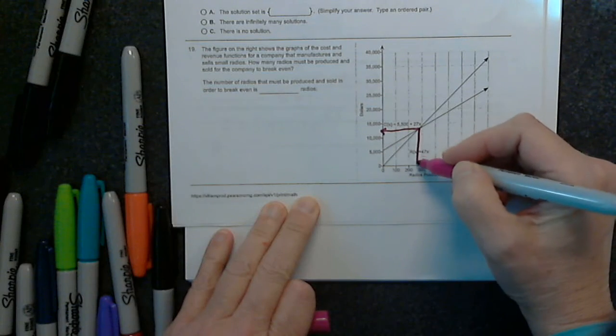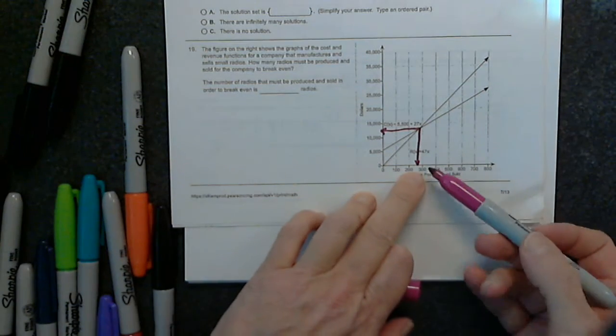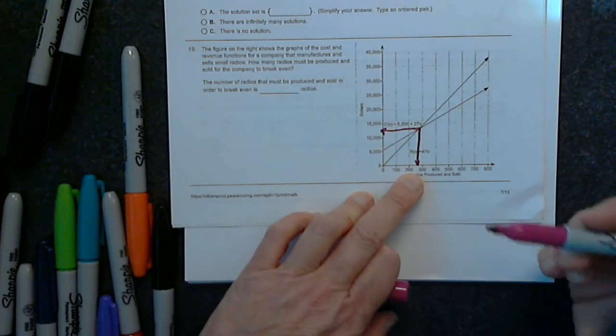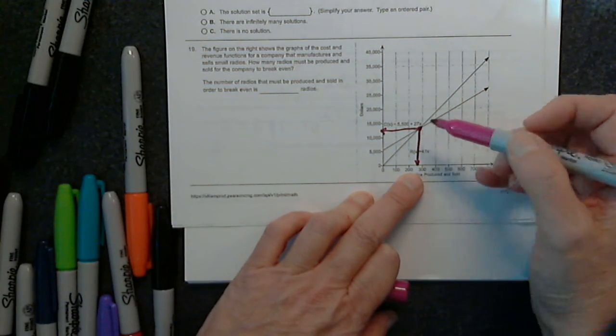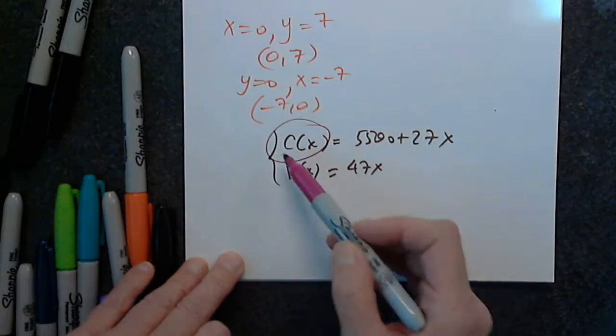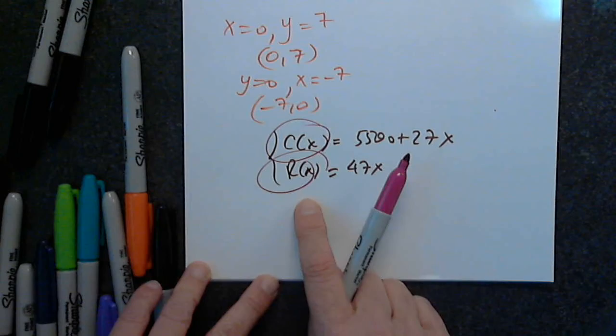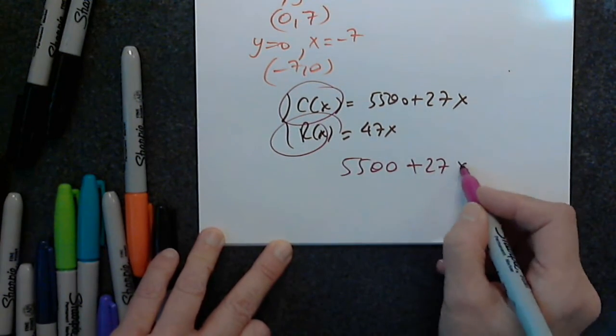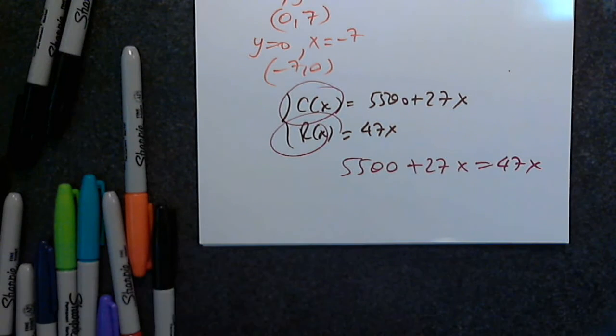So at this point of intersection, I don't know what it is, let's say 250, 12,000, I just picked some numbers. That's exactly what happens. The y values are the same, which means this value has to equal this value. So all we have to write is that 5,500 plus 27x equals 47x. That's it.